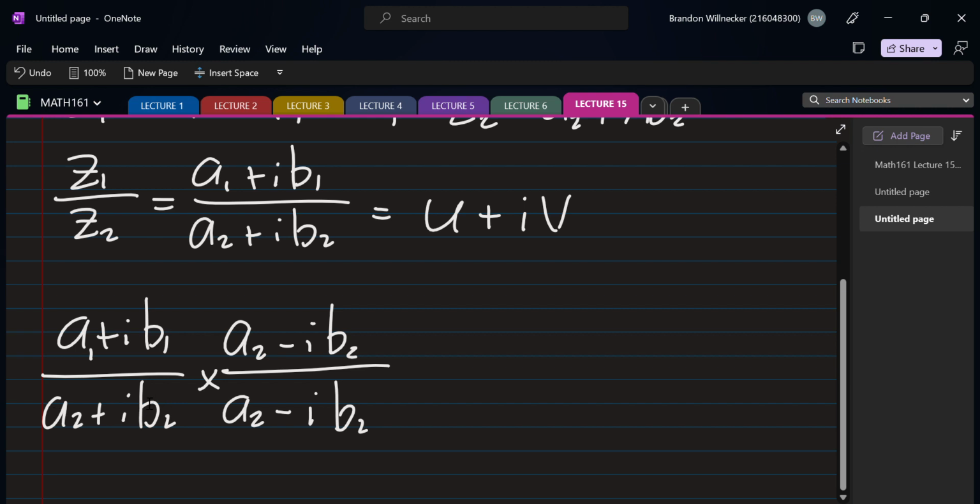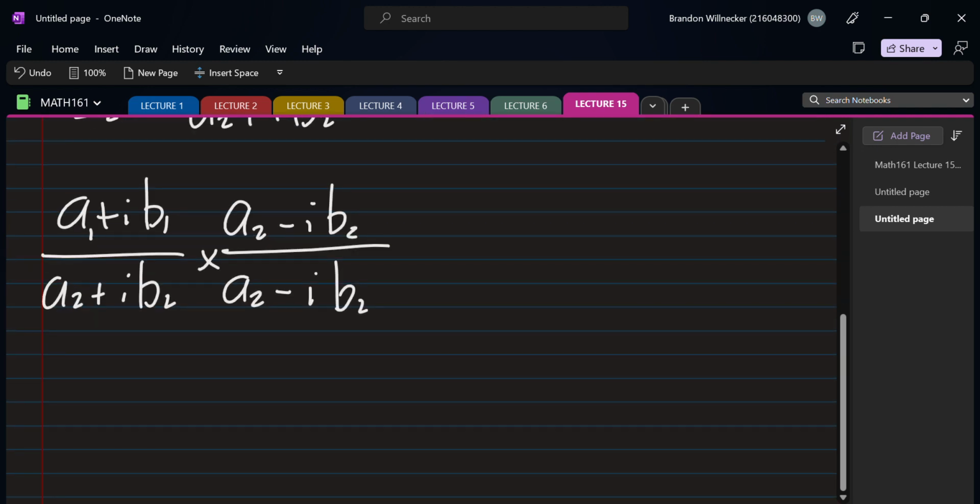We take the denominator, we find its complex conjugate. In other words, we replace i with minus i and multiply by that divided by that. So it just ends up being a 1. But this helps us because if we now multiply the numerators and the denominators, we will see shortly that the denominator becomes a single real number, okay, which helps us quite a bit.